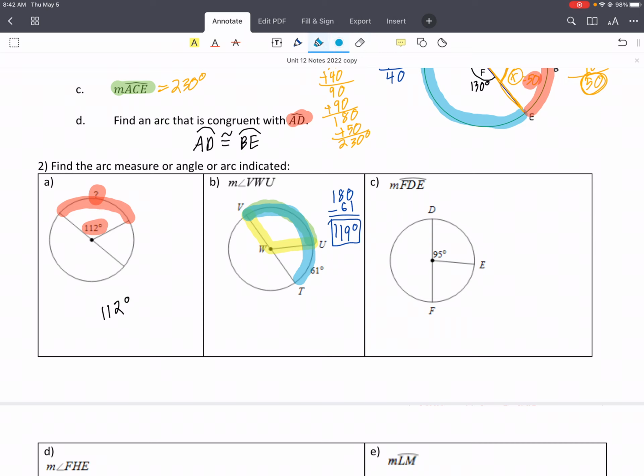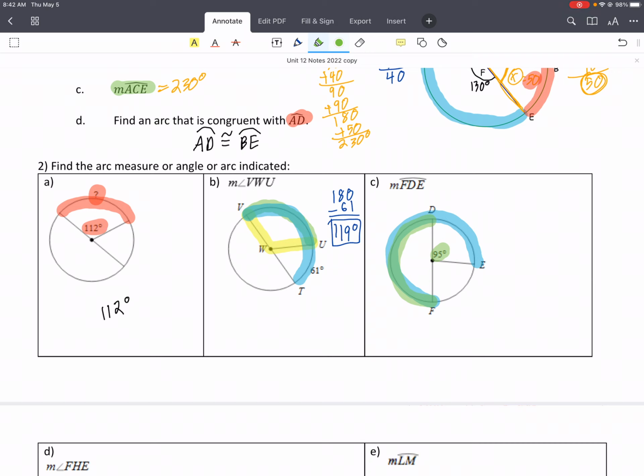Next, we want to find the measure of arc FDE. So we want to find F to D to E, this whole big guy right there. So we know that's 95, but what do we know about this arc right here, D to F?